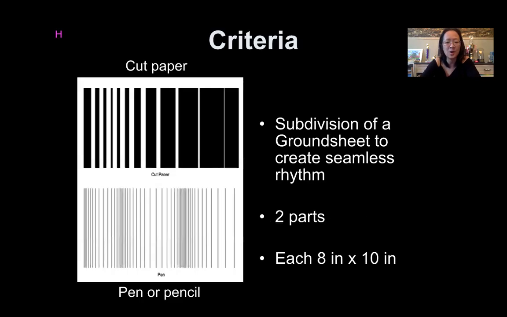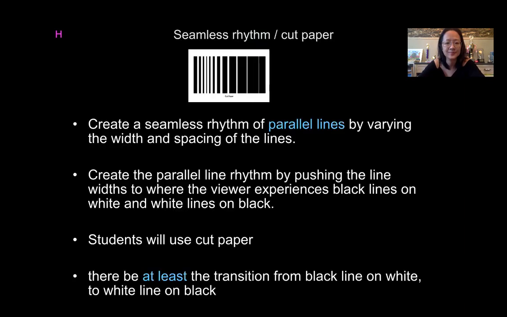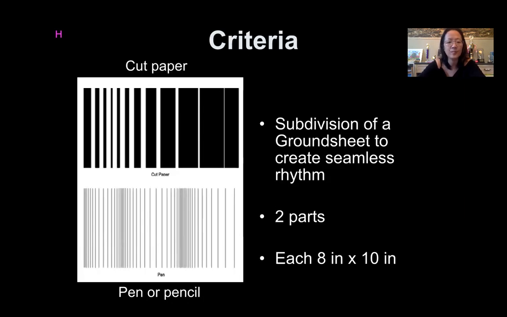So we have two parts in this design. The first part is called subdivision of a ground sheet to create seamless rhythm. Here you see the black and white stripes all by themselves, one by one.